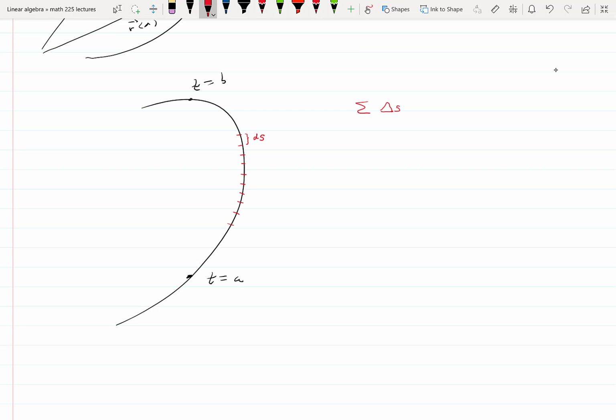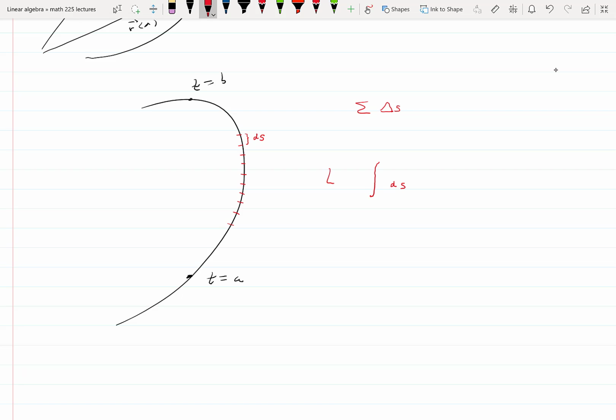But now we're imagining slicing the arc L into infinitely small bits of arc length ds, and then summing those up. We sum up infinitely small changes by using integration.